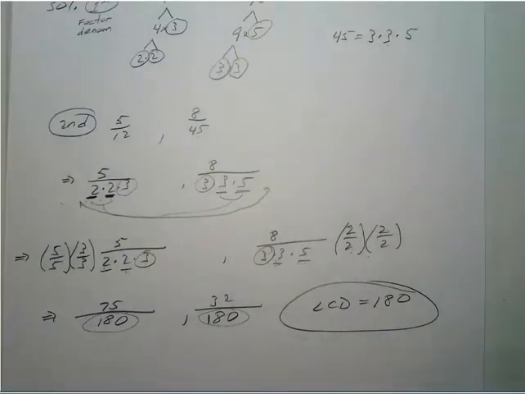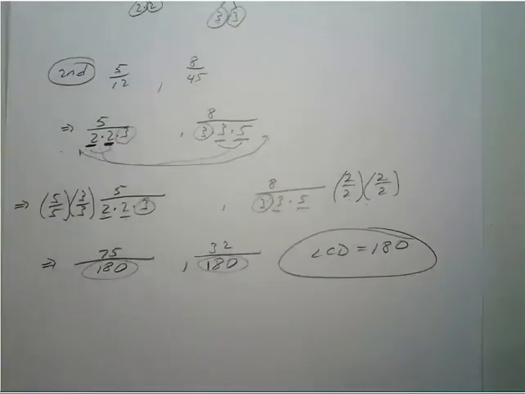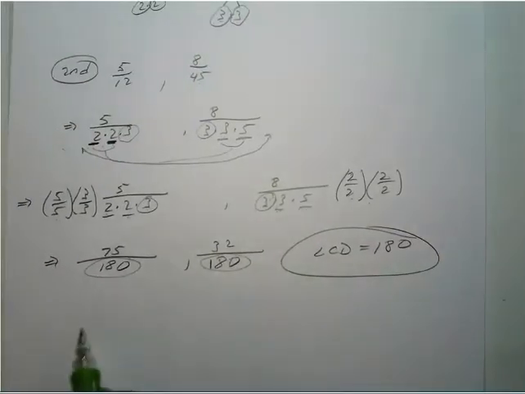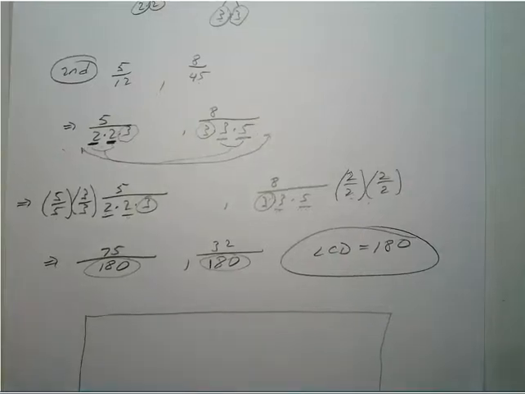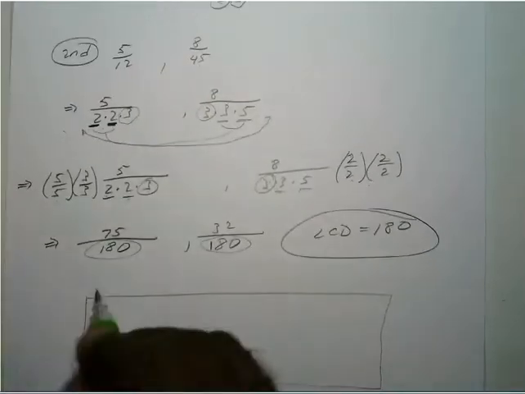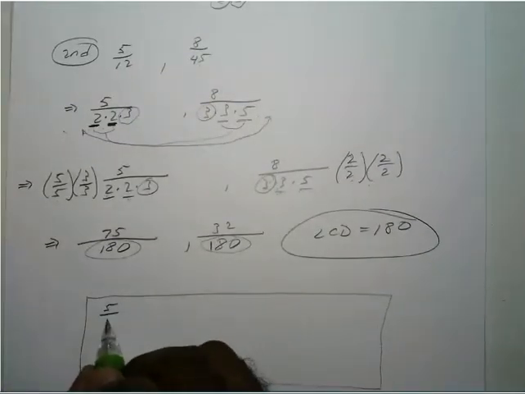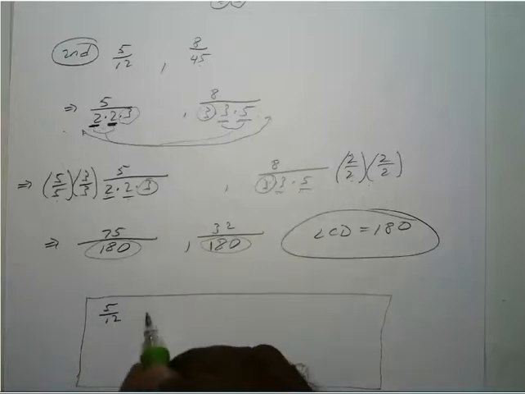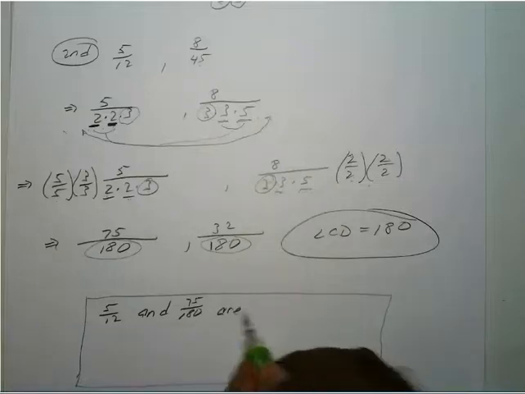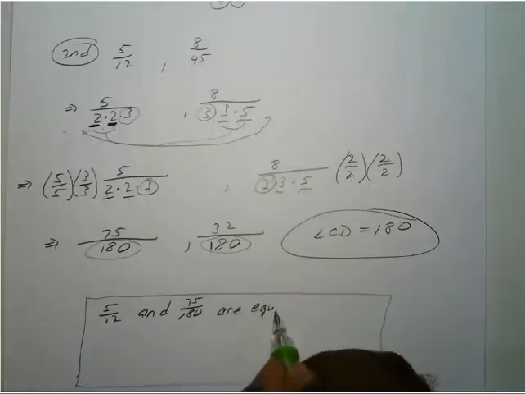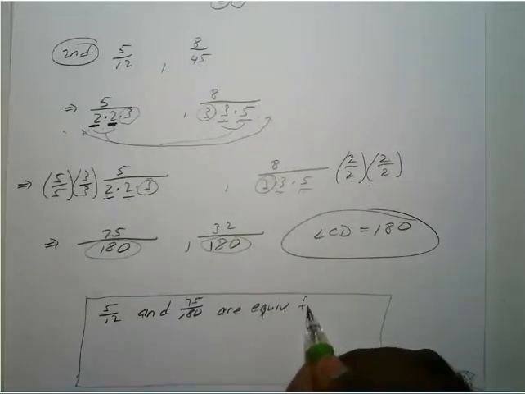All right. And just like before, we know that 5 over 12 and 75 over 180 are equivalent fractions. Let me clean that.